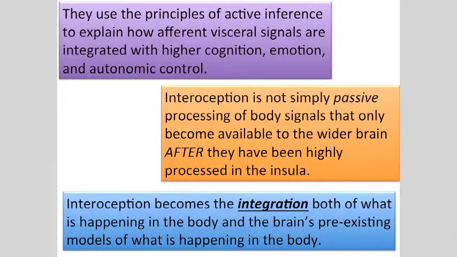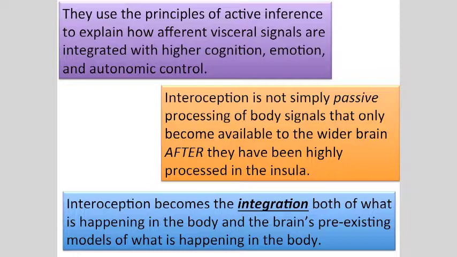The thing I want you to get is that what all of these models have in common is that they use the principles of active inference to explain how afferent visceral signals are integrated with higher cognition, emotion, and autonomic control. So they start to provide a way to think about how a lot of the peripheral systems that we've been hearing about this morning integrate with higher cognition and emotion.